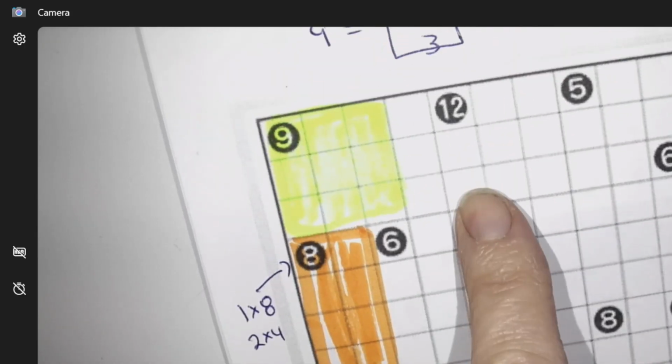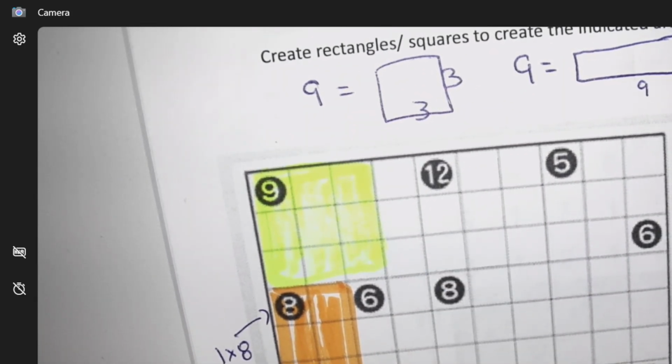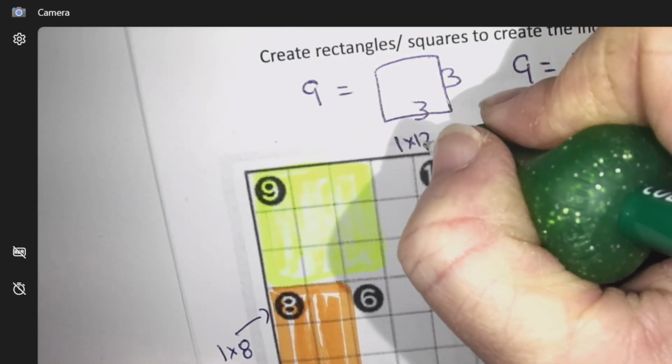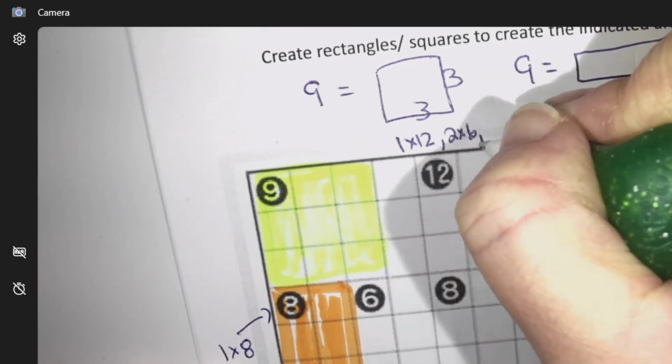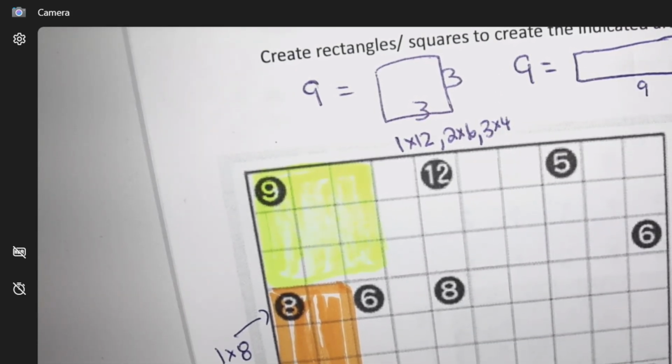Should we do the 12 at the top? Okay, so 1 by 12, you could do a 2 by 6, or you could do a 3 by 4. There's 3 options. Anybody seen it? I think I'm going to already eliminate the 1 by 12. That doesn't seem like it'd be good.